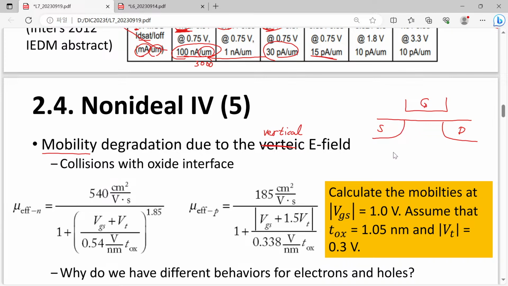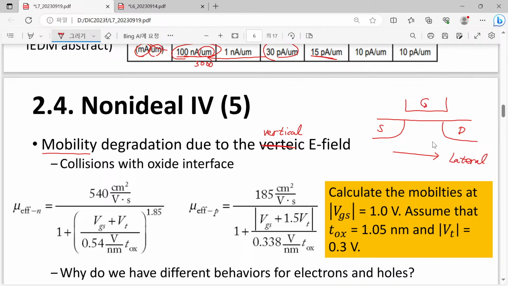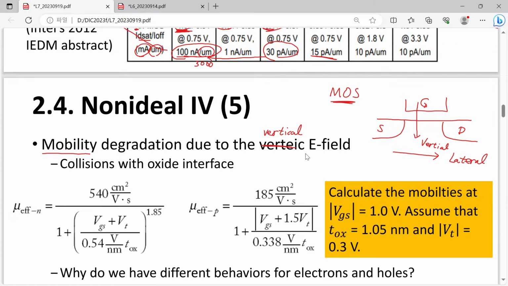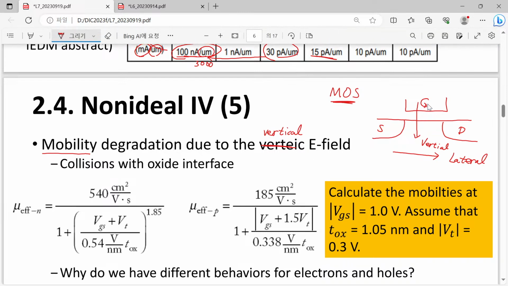In the textbook, when we say lateral, this is the lateral direction. And what is the vertical? Now you can understand this is vertical. Vertical simply means the direction through the MOS. So the vertical E field means the electric field from the gate to our channel region. That is the vertical electric field.